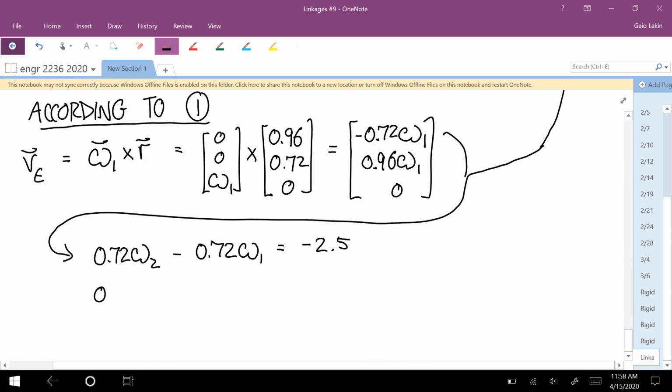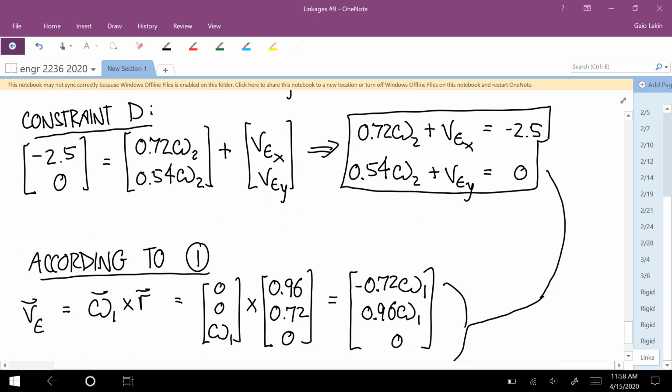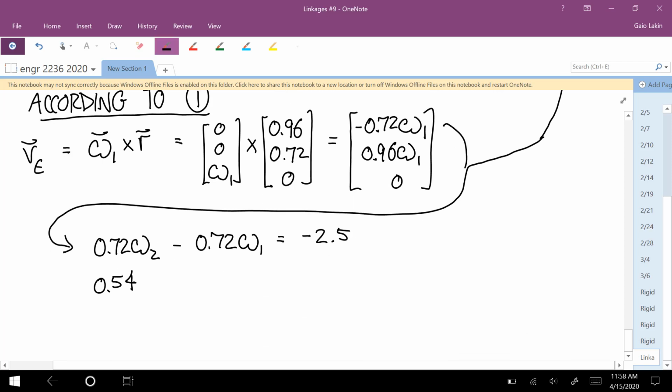And 0.54 omega 2 plus 0.96 omega 1 is equal to 0. Okay, that's a simple system of equations to solve.